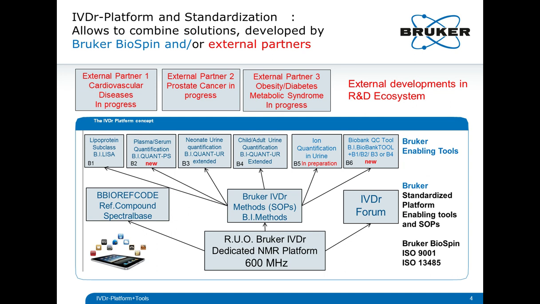In addition, there is a reference spectral base of compounds occurring mainly in body fluids that has 800 compounds in there with more than 23,500 spectra included. And also there is a forum for the users of this instrument platform to exchange information with us and of course between other users.